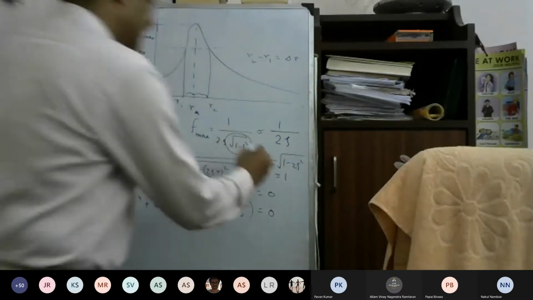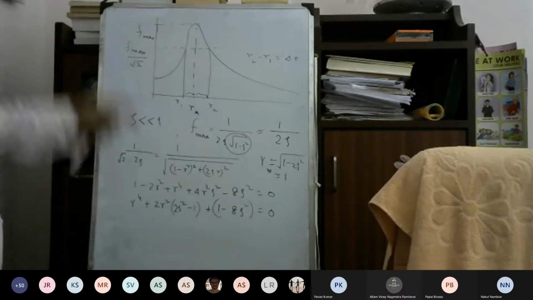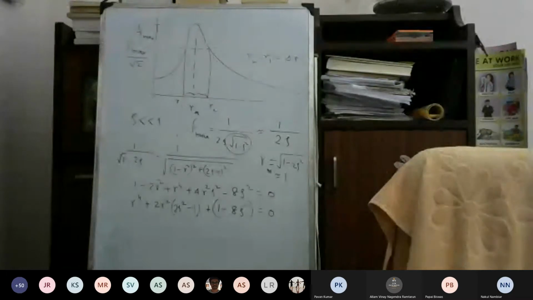So this star will be approximately equal to 1. So r is actually very near to 1, and that effect we can see.